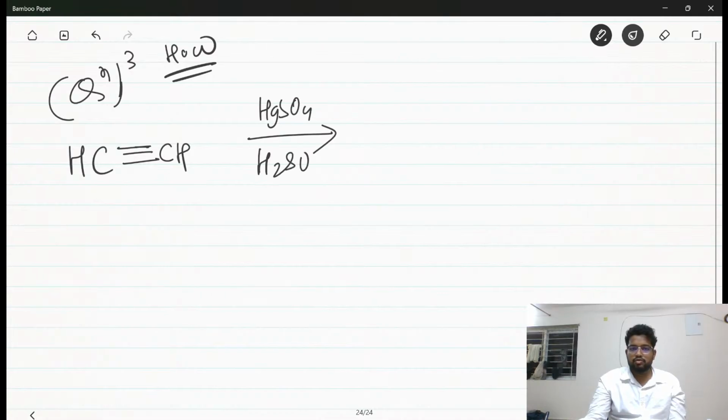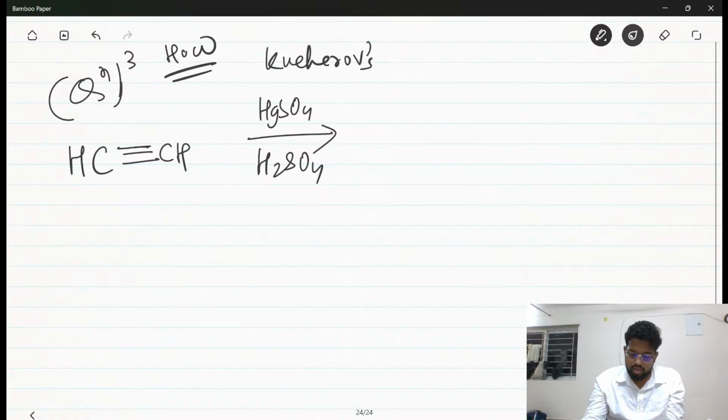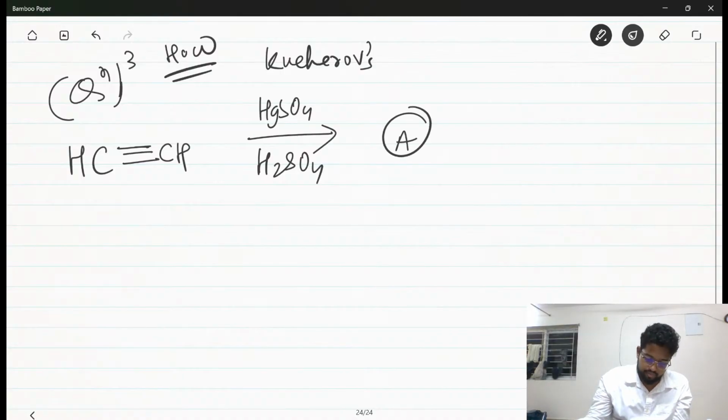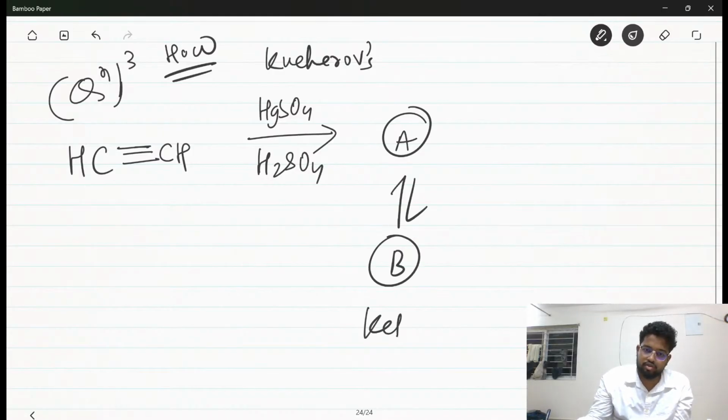H2SO4, HgSO4. The name also I am telling because only now I told: Kucherov's reaction. From this we got A. Now this A undergoes tautomerism to form B. This is the keto form or aldehyde form.